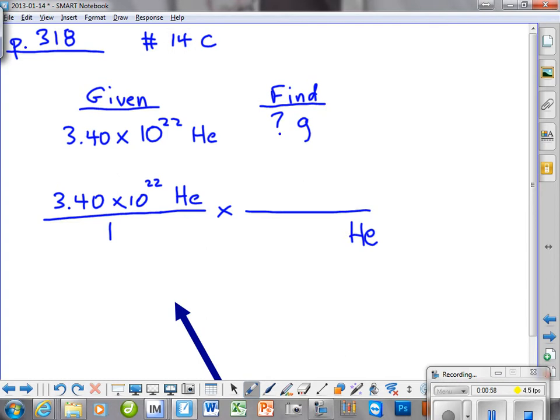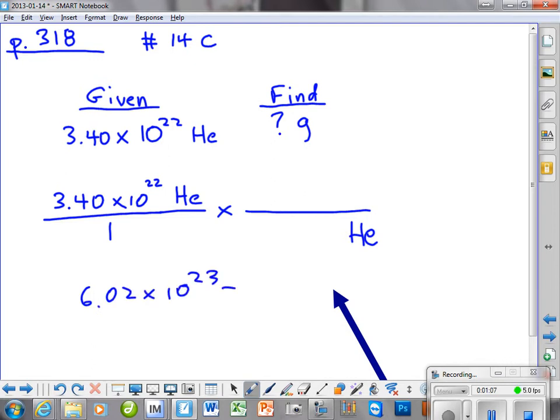Now, the fraction that we're going to use is going to be made from the 6.02 times 10 to the 23rd is equal to 1 mole. Now, since we're talking about atoms on the bottom, this is the side that has particles.